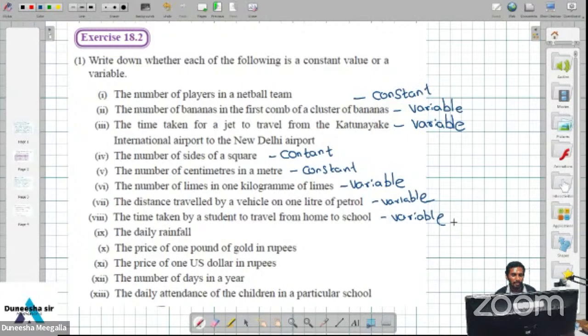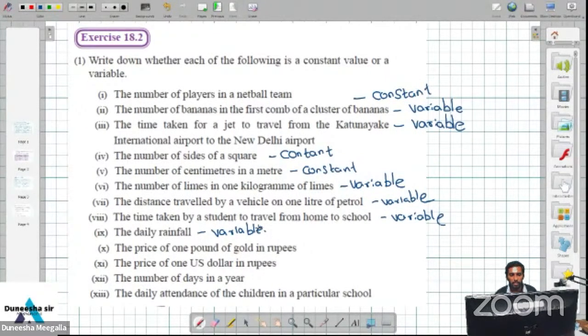Was it heavy or lighter? Lighter. It's the daily rainfall. Is it a constant or variable? Variable. Yes, it's a variable.